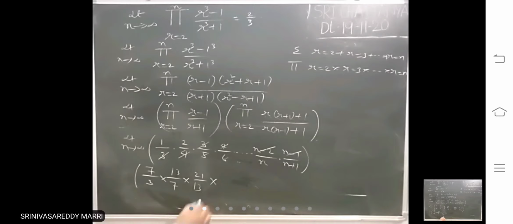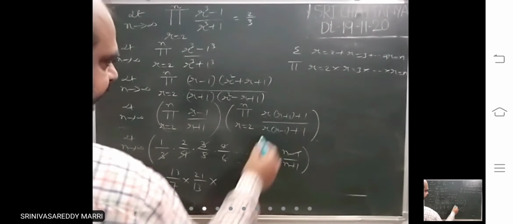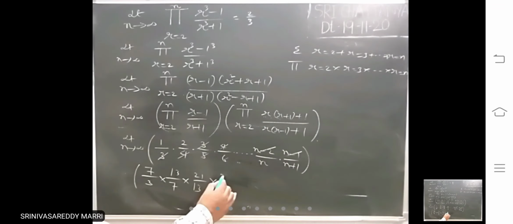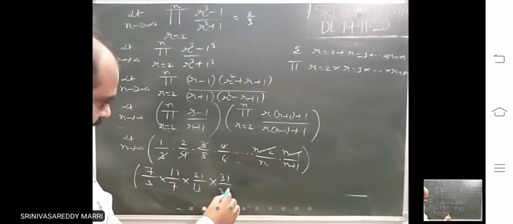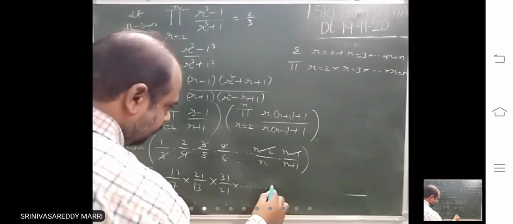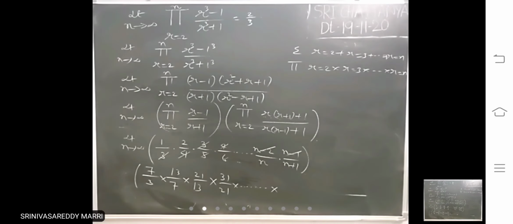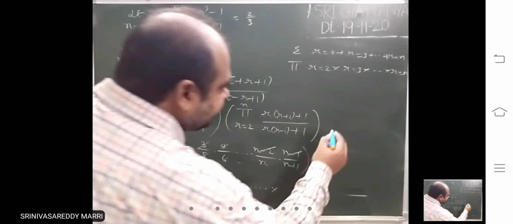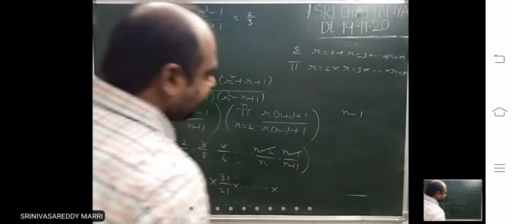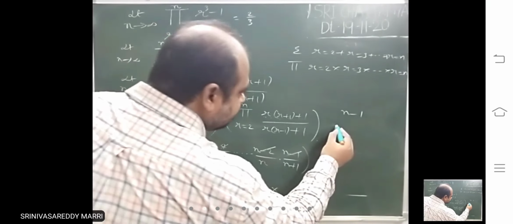So next what you will get? R equal to 5 means 5 into 6 plus 1, 31 divided by 21, and so on and so on. Now n minus 1 I am substituting. Look at n minus 1, what you will get here?